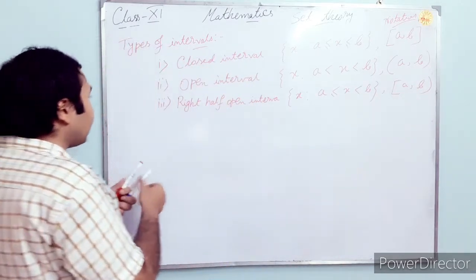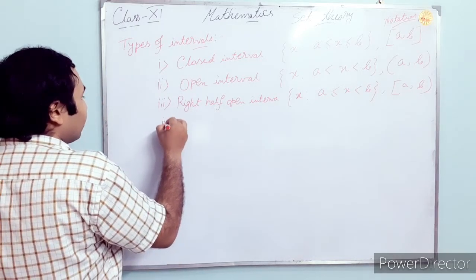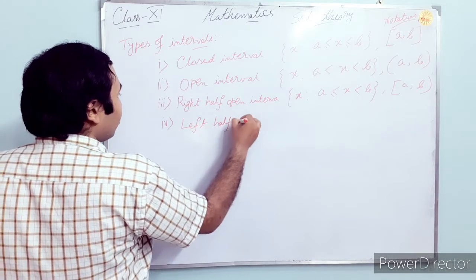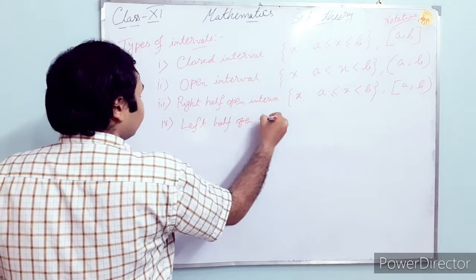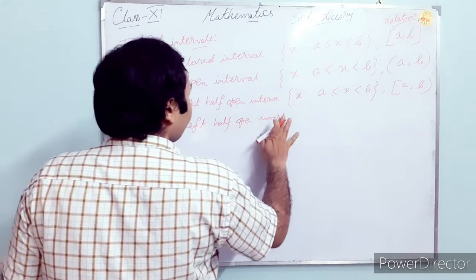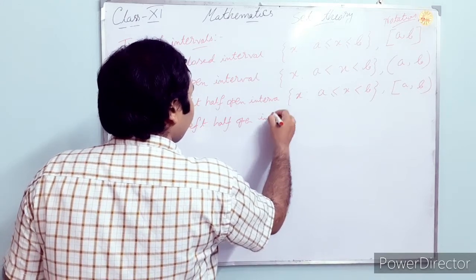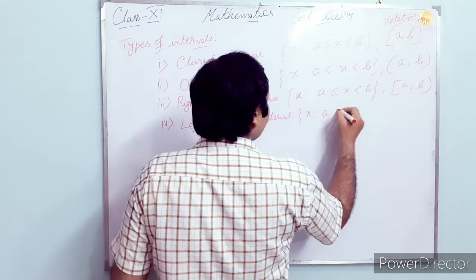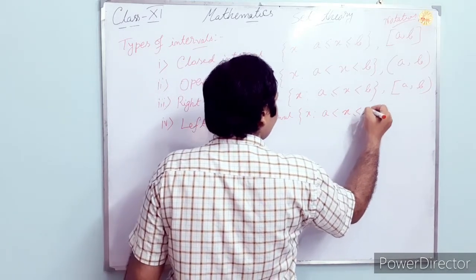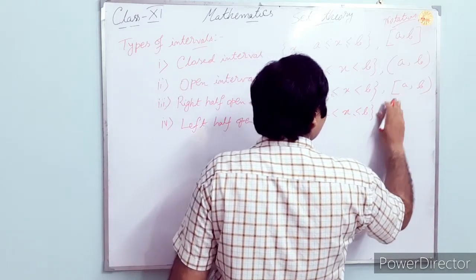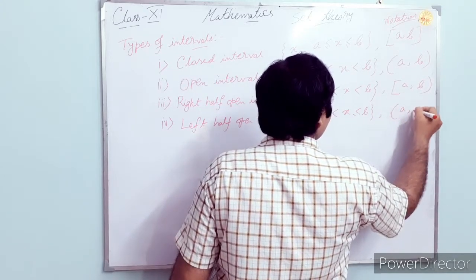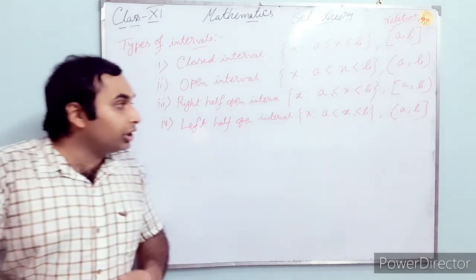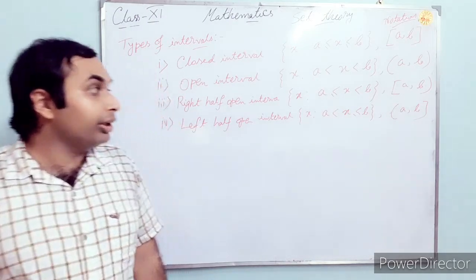And also here the left half open interval. The same thing like this. At the end of b it is closed, and at the end of a it is open.